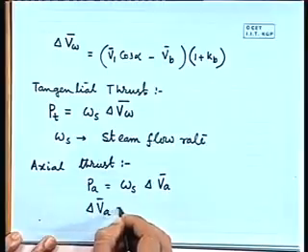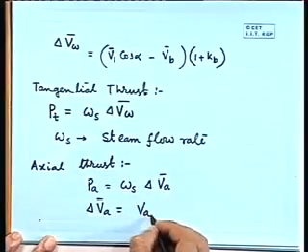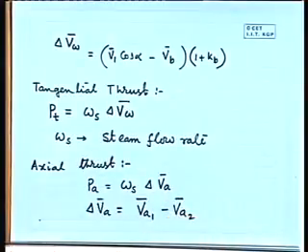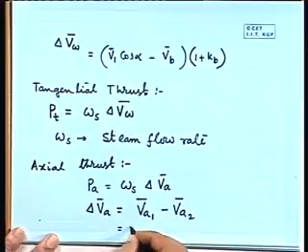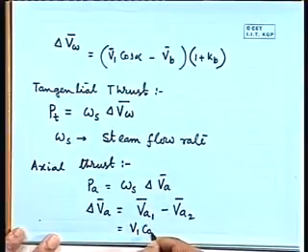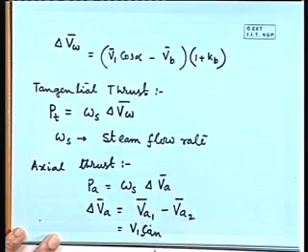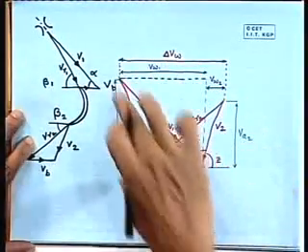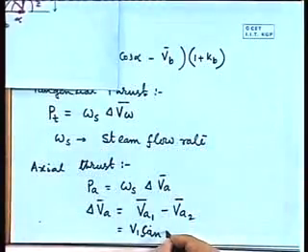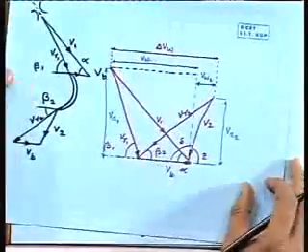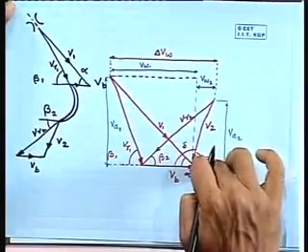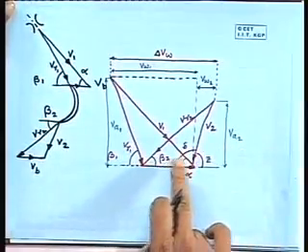Delta VA is equal to VA1 minus VA2, and VA1 we can write as V1 sine of alpha, minus V2 sine of, that means sine of 180 degree minus delta.